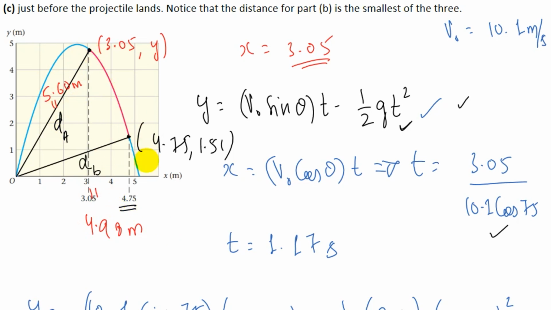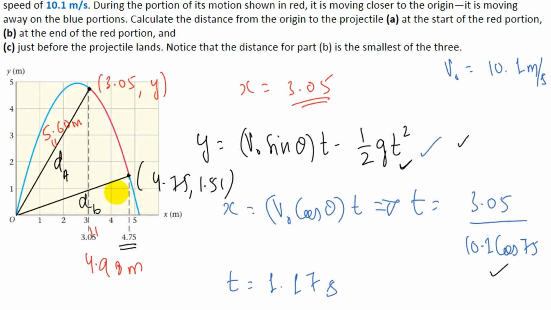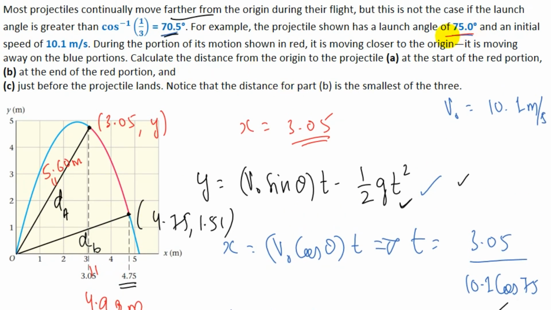So as it moves during its flight, the projectile is coming nearer to the origin, and this is what the statement was saying, that if this angle is greater than the limit, then the projectile will move nearer to the origin, which we can see here also. This is 5.60 meter, and here the distance becomes 4.98 meter.